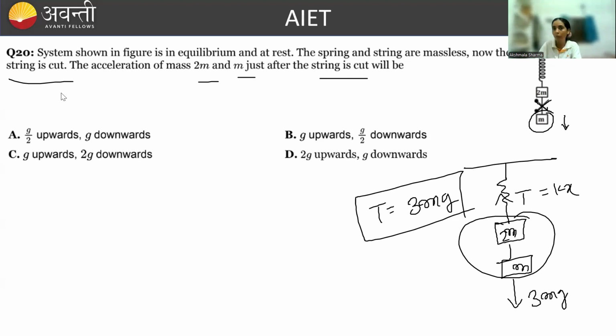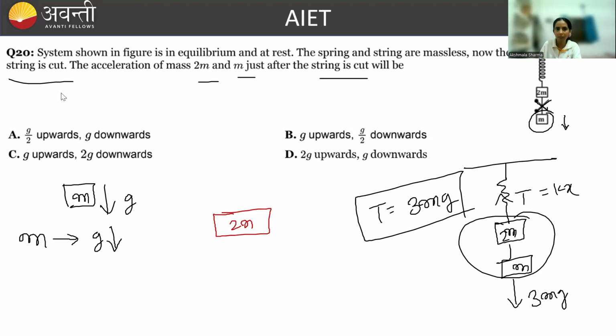This m will start moving under the effect of gravity. So m will fall freely under the effect of gravity. So its acceleration will be g in the downward direction. So mass m has the acceleration g in downward direction. What will happen to 2m? So just after it is cut, we can assume that tension is still the same. We can approximate it.